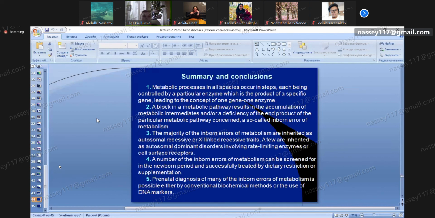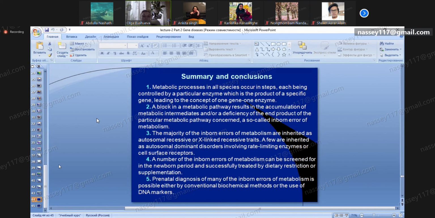The main summary and conclusions. First one, metabolic processes in all species occur in steps, each being controlled by a particular enzyme, which is the product of a specific gene, leading to the concept of one gene, one enzyme.